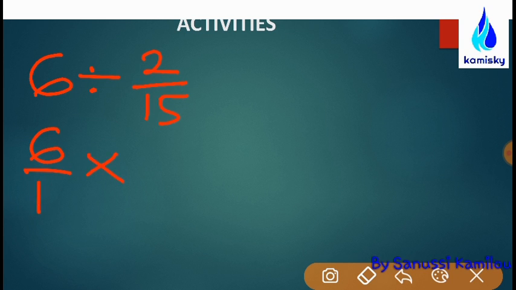Now the division sign will become multiplication, but then you have to find the multiplicative inverse of this, which is the same as the reciprocal of 2/15. That one will become 15/2. Is it not so?